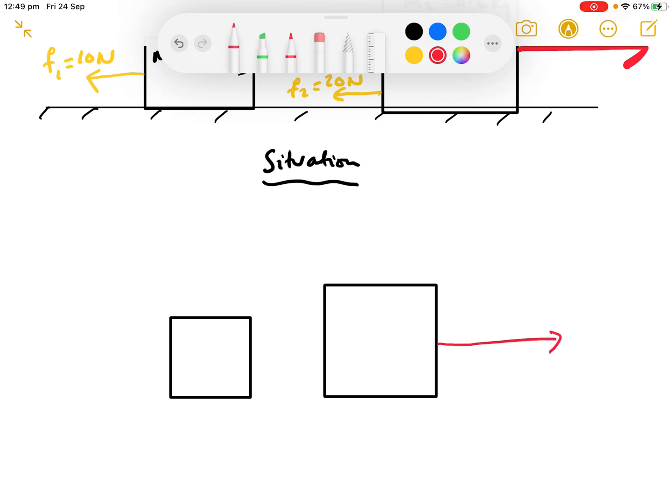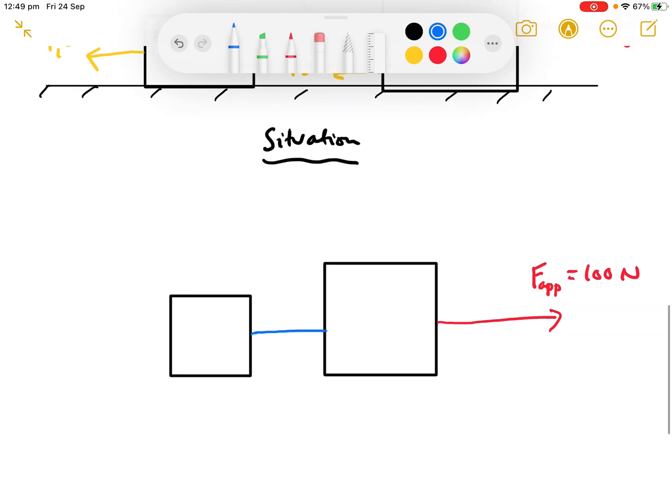So we've got our applied force, so someone's pulling the blocks along with 100 newtons out there. Obviously they're coupled, so there's our rope. Now as soon as we put the rope in, we can immediately enter our tension forces T and T dash.